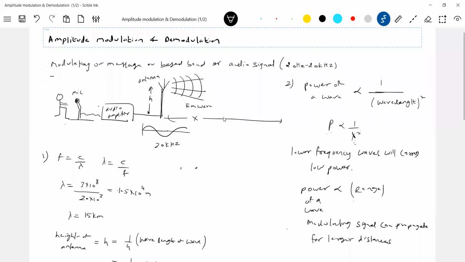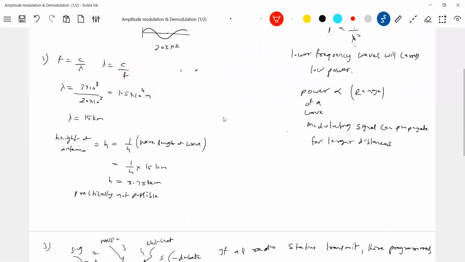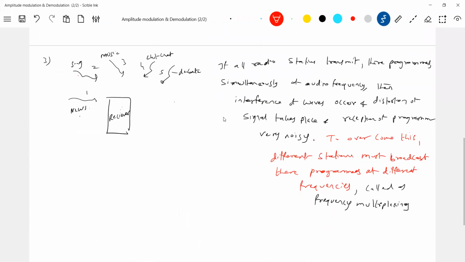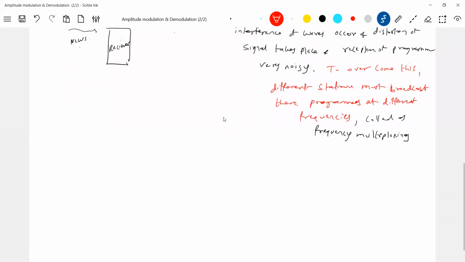What is our topic of discussion? The necessity for modulation. So to minimize the size of antenna, to increase the range, and to provide differentiation, different carrier frequency, I'm going to bring in modulation. In that, first we are going to discuss the amplitude modulation.